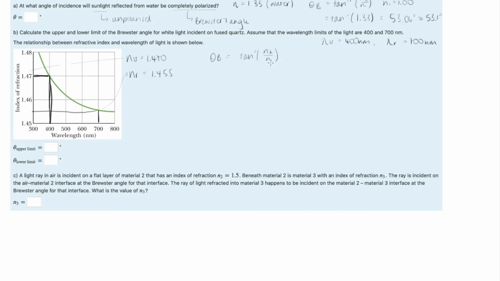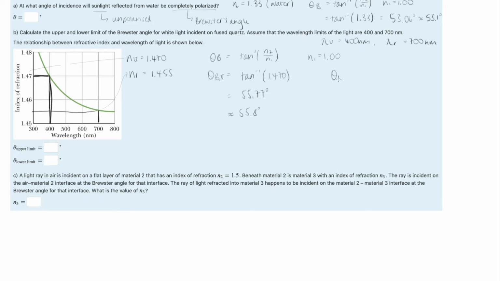Now, we are going to assume that n1 equals 1.00 again. Therefore, let's work out the Brewster angle for violet light. That's going to be inverse tan of n, which is 1.470. And when we do that, I get 55.77 degrees, or roughly 55.8 degrees.